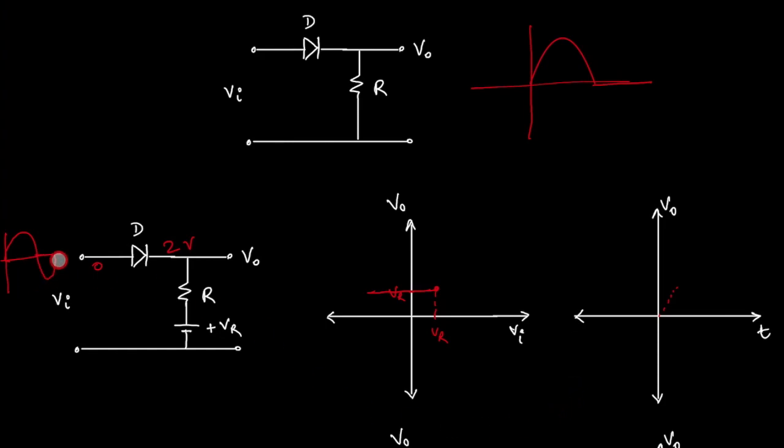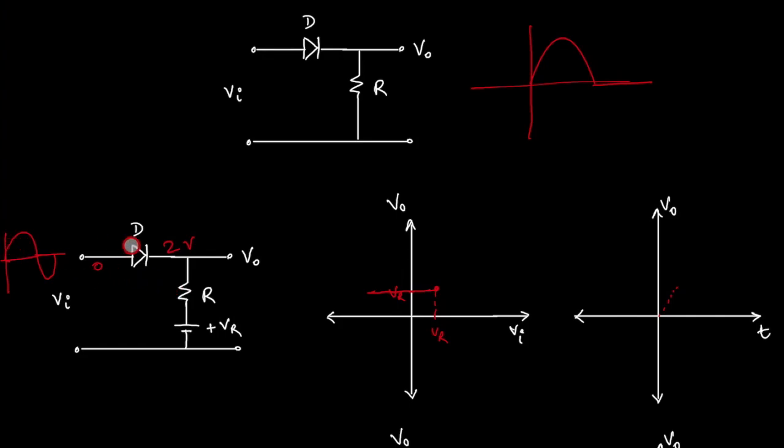For negative, is there any output? Obviously no output, right? Because it will completely block negative value, because anode is more negative than this. So there is no slope on negative side also. See, for negative also I have drawn the line from 0 to 2, there is nothing, and from 0 to minus values also there is nothing.